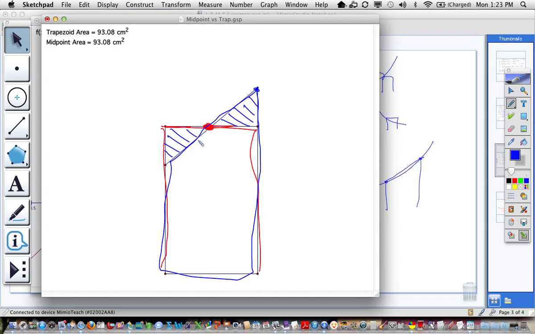Bisect angles. Natalie, go ahead. Bisect a segment. So this segment is the same as that. What angle? This angle?